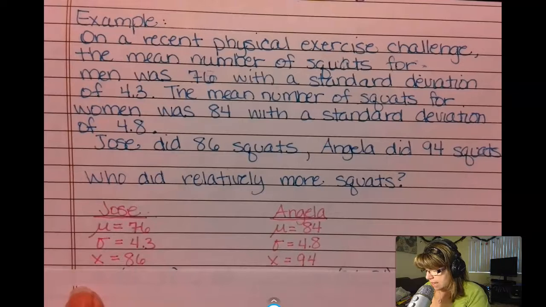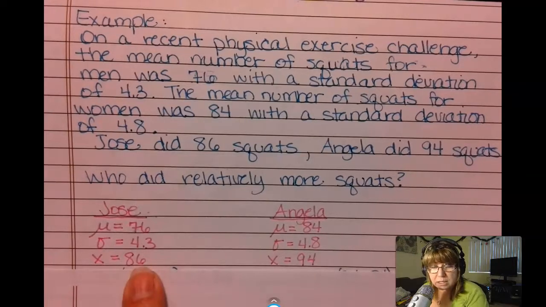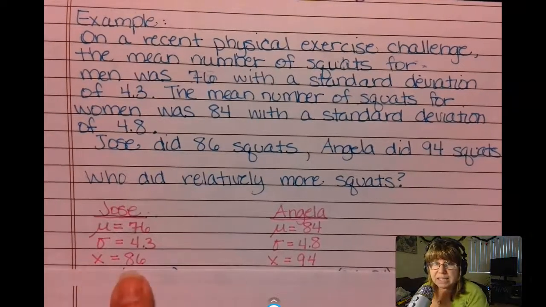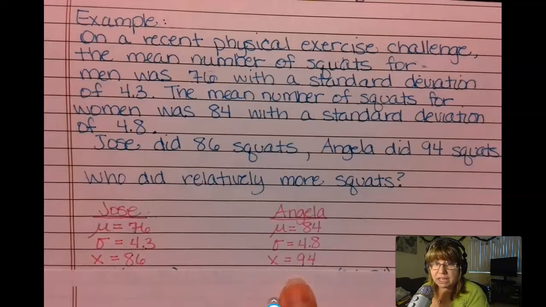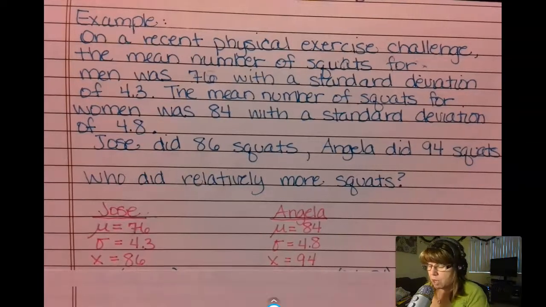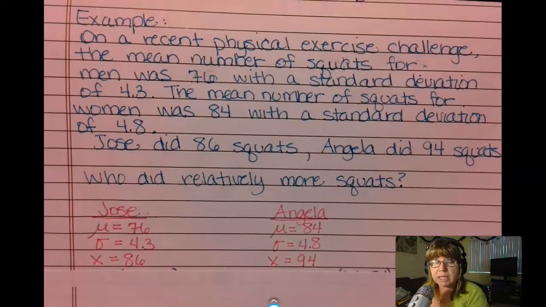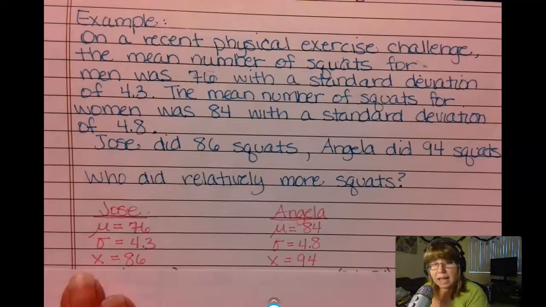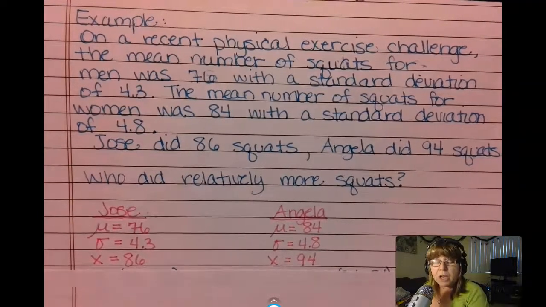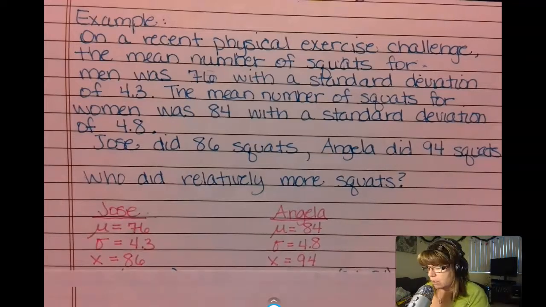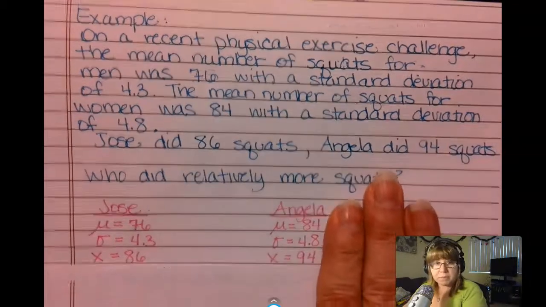Now Jose did 86 squats, so his x value is 86. Angela did 94 squats, and therefore Angela's x is 94. We have all the parts and pieces that we need to be able to calculate the z. Once we get the z for Jose, and once we get the z for Angela, we can then compare the two values and see what's going on.